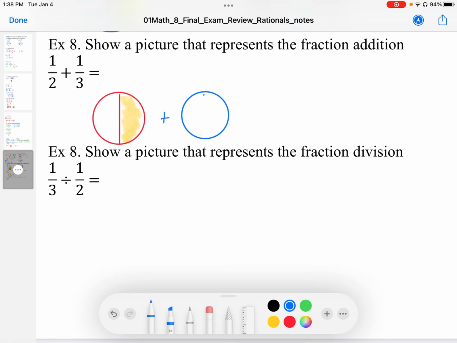So showing a 1/3 fraction. Okay, so there's my 1/3 fraction.